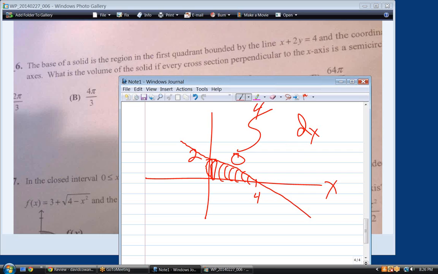What is the radius of this very first semicircle? The diameter is actually 2, so the radius is 1. But more importantly, it's not 1, it's f of x evaluated.